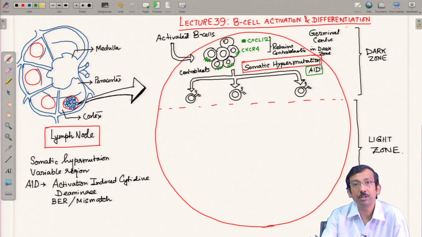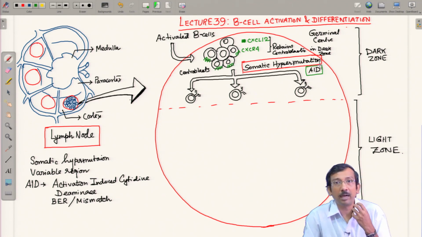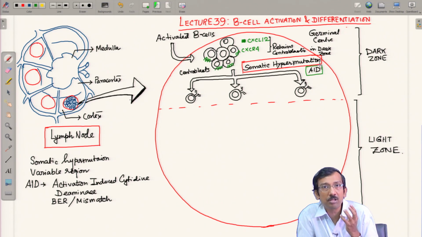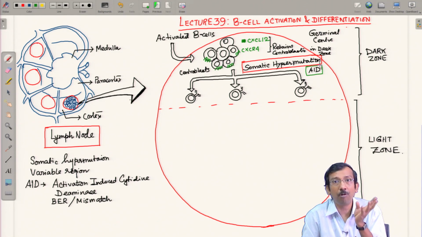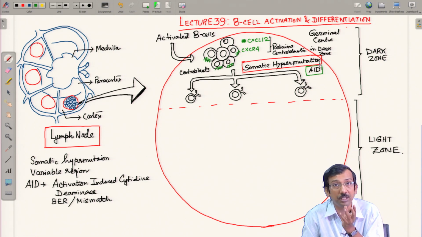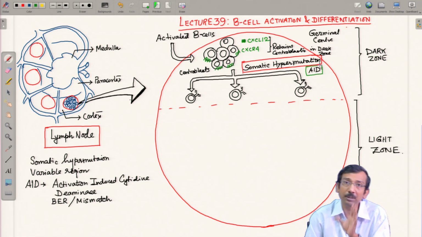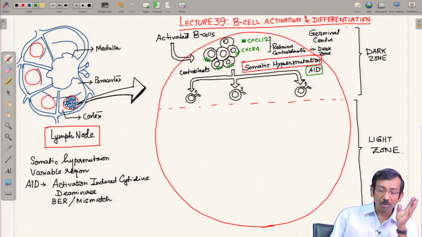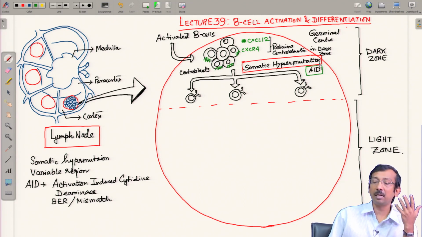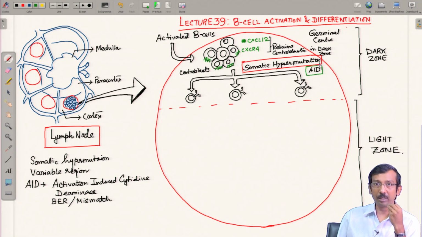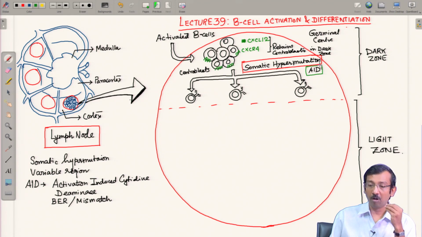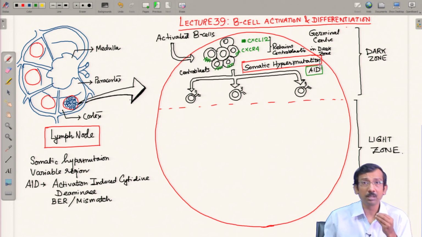Each of these centroblasts will now express B cell receptors on the surface which have different affinities for the same antigen. So, some of them will carry high affinity or low affinity.